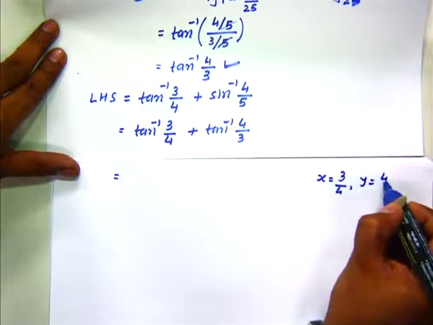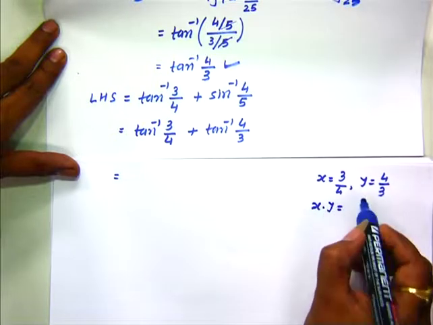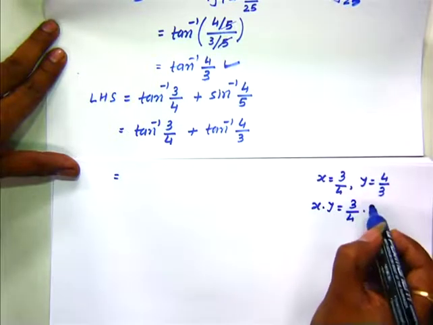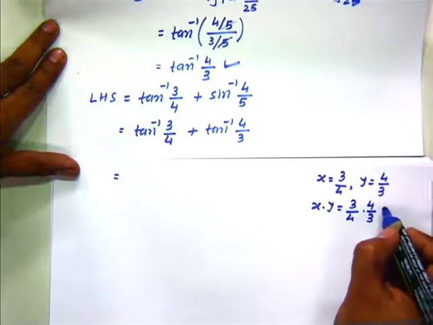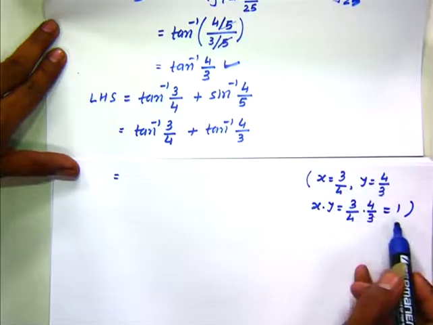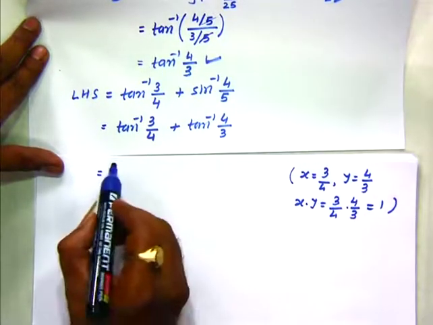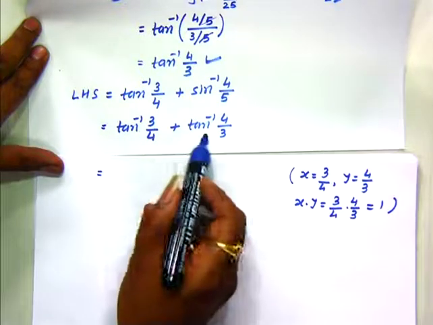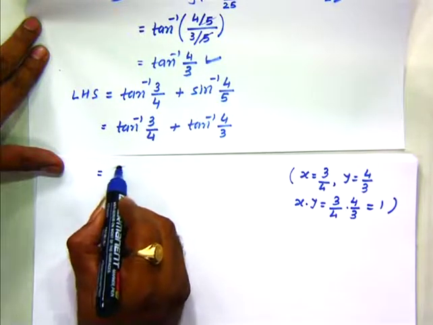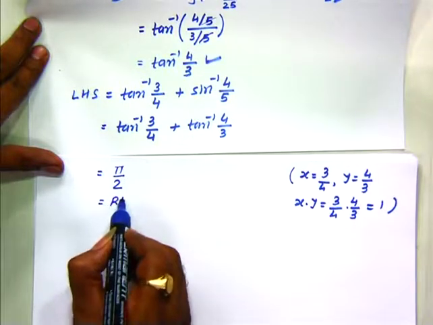Y is 4 by 3. Now x into y is 3 by 4 into 4 by 3, which is 1. So x into y is 1. Okay. And so tan inverse 3 by 4 plus tan inverse 4 by 3 is nothing but pi by 2, which is RHS.